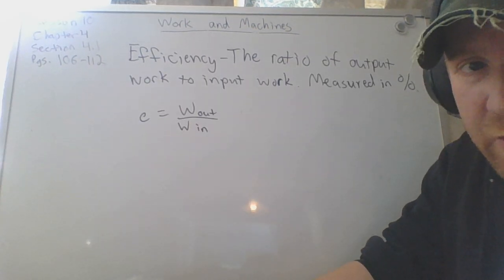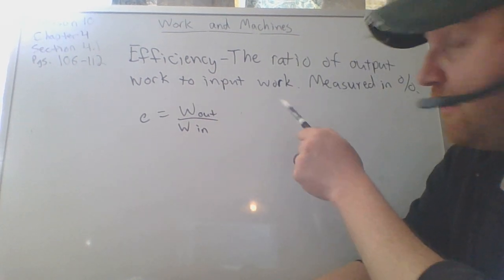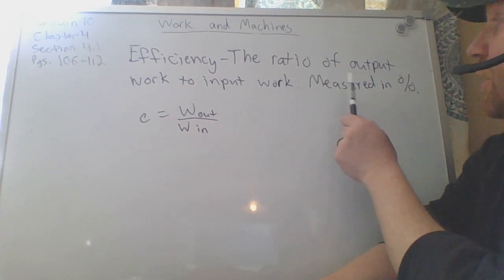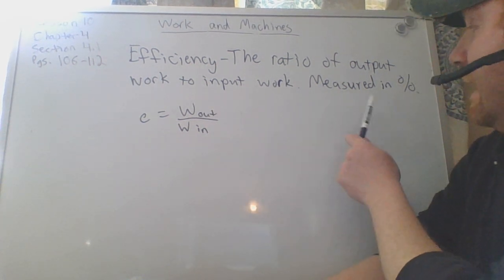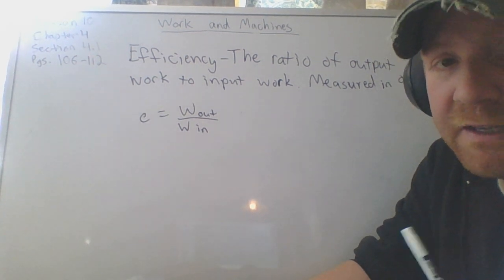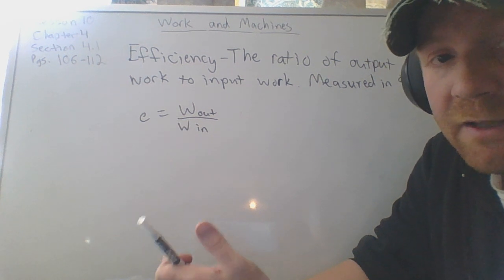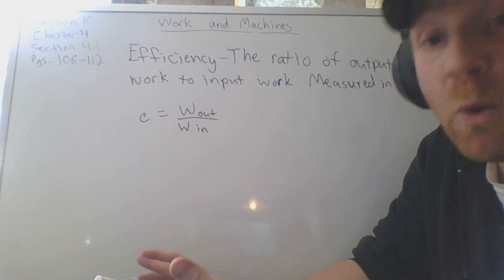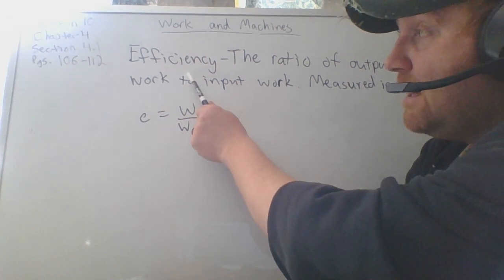So, why do we use machines in the first place? They increase what we call efficiency. Efficiency is the ratio of output work to input work, and it's measured in percentage. Machines make life easier by either increasing the speed or the motion of an object or the force of an object, making it more efficient.